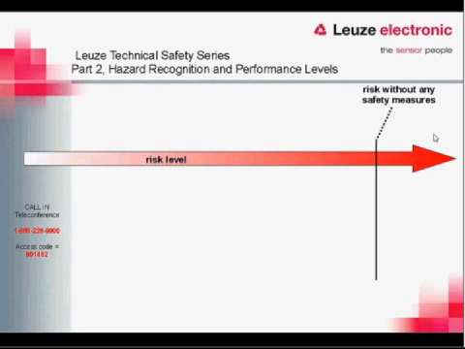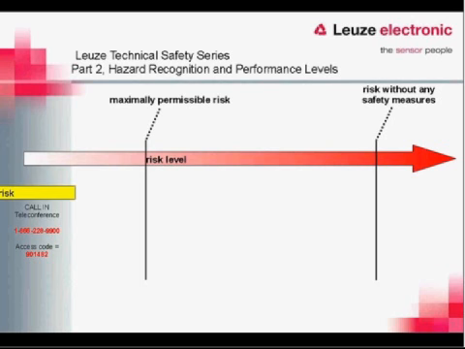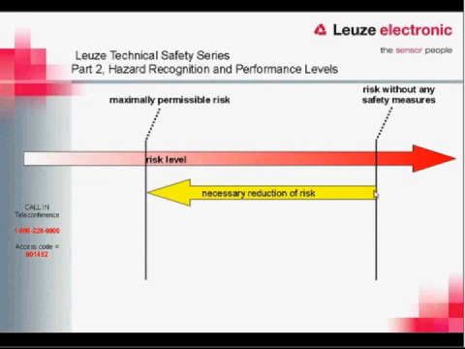So we see our risk level is indicated by the red arrow here. And this would be our risk without any safety measures, the far end of the spectrum, an unacceptable amount of risk. This would be our maximum permissible amount of risk, much farther down the spectrum. So this represents the amount of reduction we need to do to make this an acceptable risk on this machine.